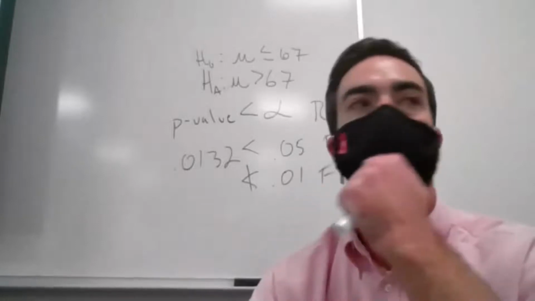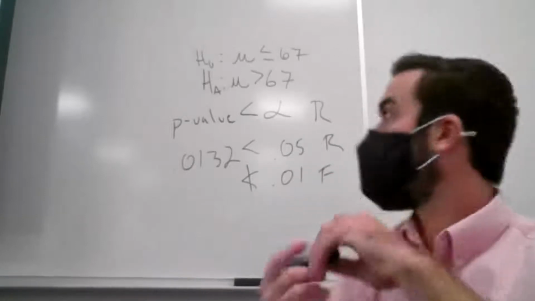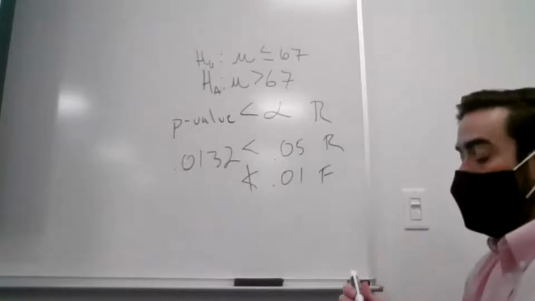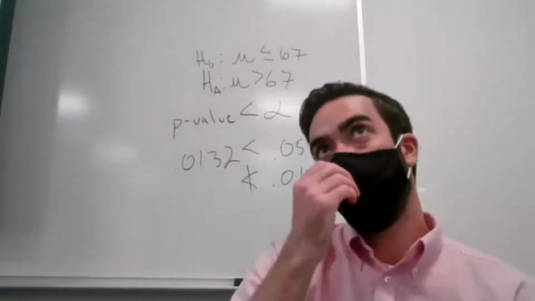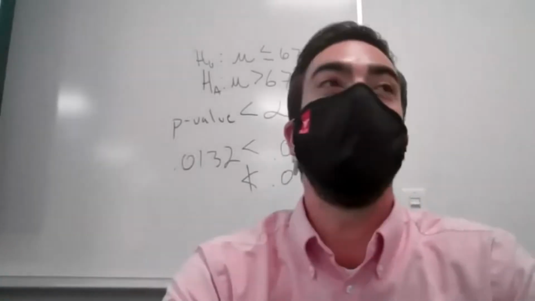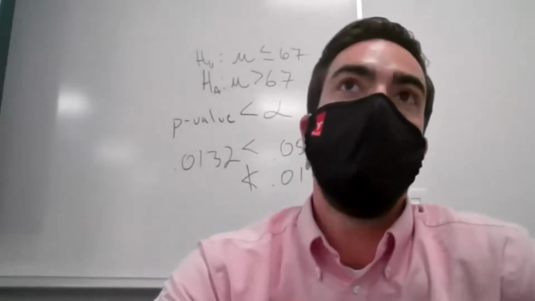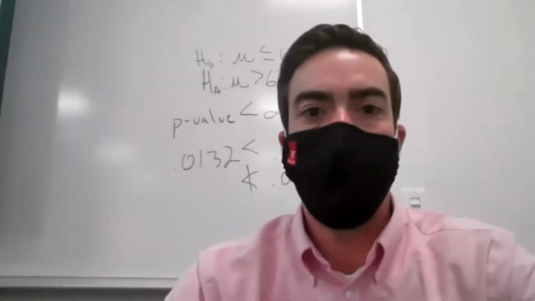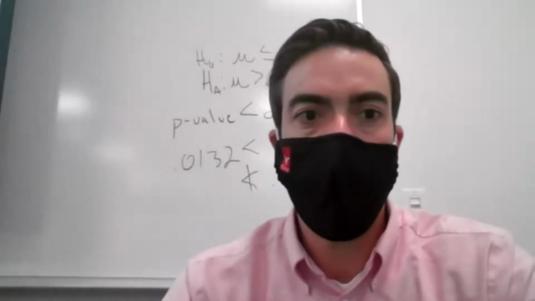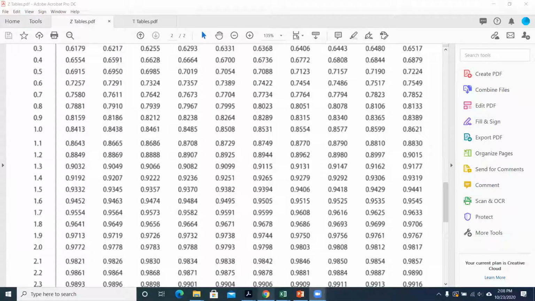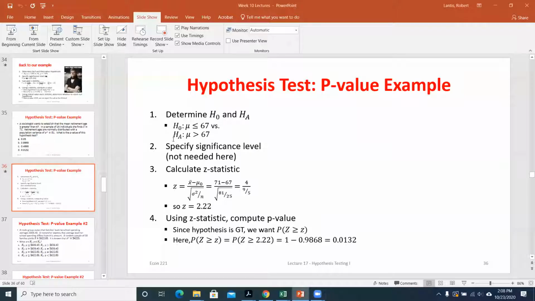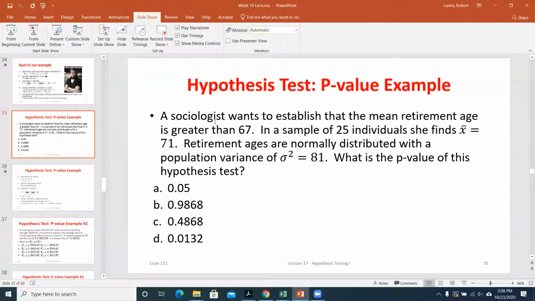Okay. So rejection is what we want? I mean, I don't want to say it's what we want, but in the idea that, let's set this example up. If I truly believe that the mean retirement age is greater than 67, right?